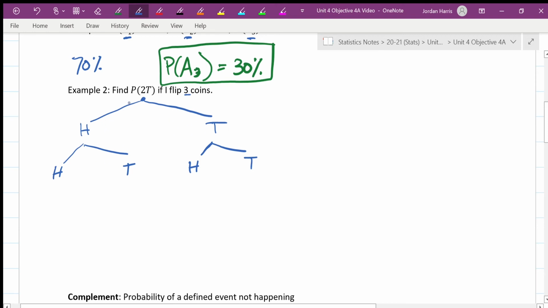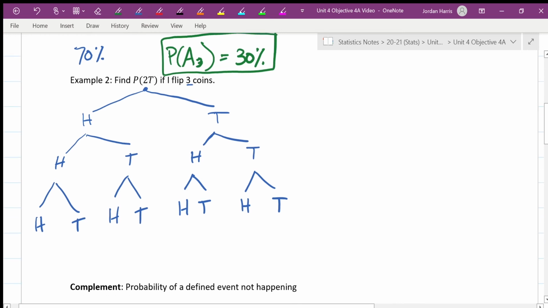The second coin flip, regardless of what I got in the first, I can get heads or tails. So I branch off from each one. And then finally, the third coin flip, from each one of those options, I branch off heads or tails again, because regardless of what I got with the first or second coin flip, I still have heads or tails. Notice each flip occurs exponentially.